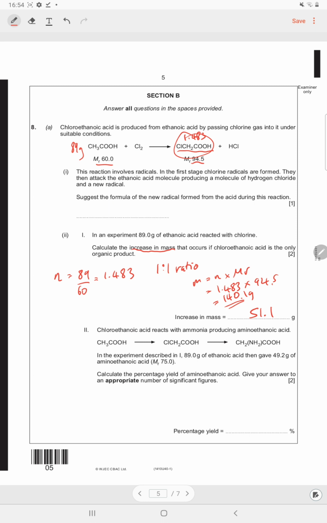Okay then, so this next step. In the experiment described in part 1, 89 grams gave 49.2 grams of aminoethanoic acid. Calculate the percentage yield. Well, we know the number of moles, so the mass is going to be 1.483. We know the number of moles that will be produced because it's 1-to-1-to-1.